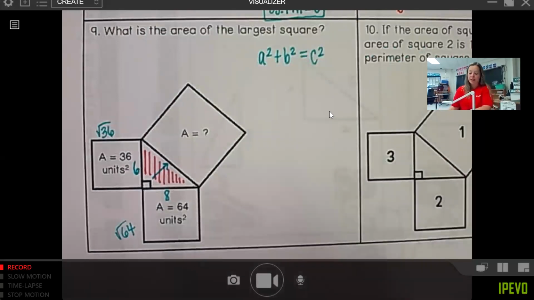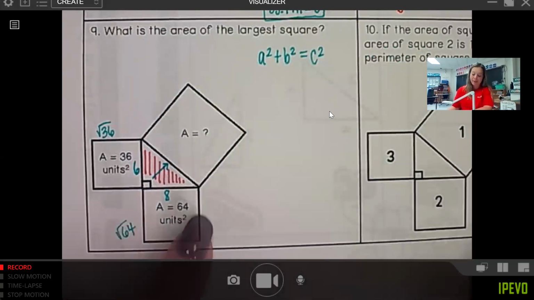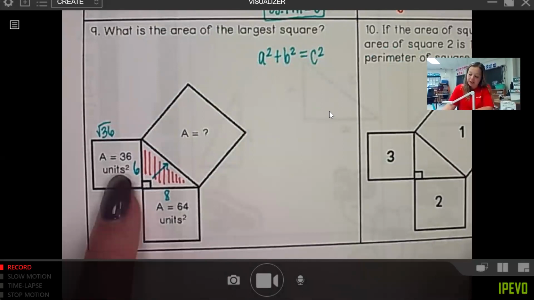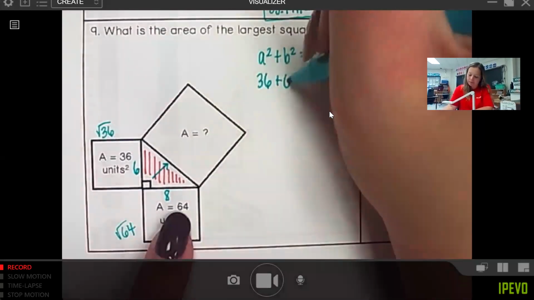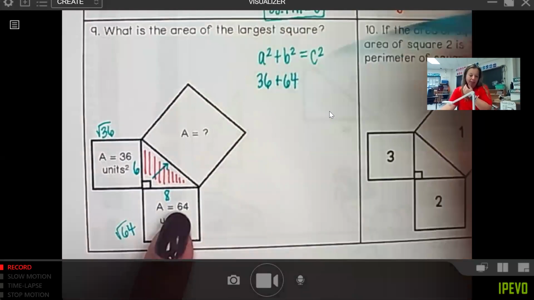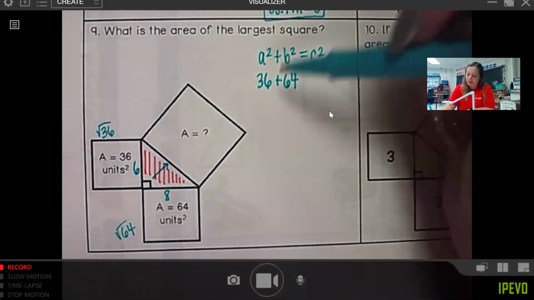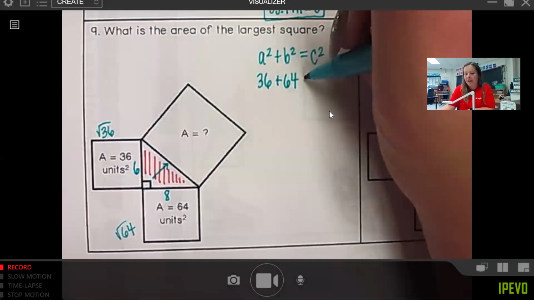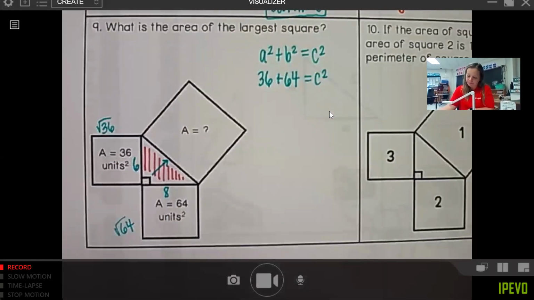So 6 squared is 36. I have both of my legs, A and B. I can fill in 36 and 64. Because if I were to fill in just the side lengths, I would have 6 squared, which is 36, and 8 squared, which is 64. So we can solve for the area as well as the side length by doing the Pythagorean theorem.